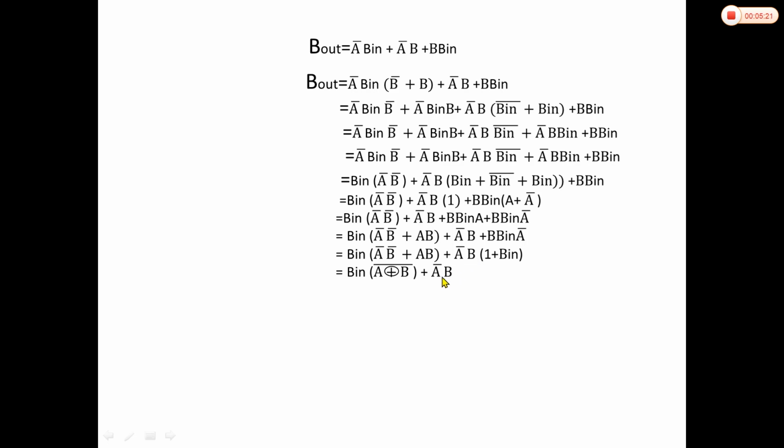It will be A bar B, and this term A bar B bar plus A B, that equal to A exclusive NOR B, that is A exclusive OR B whole bar, that equal to B in A exclusive NOR B plus A bar B.